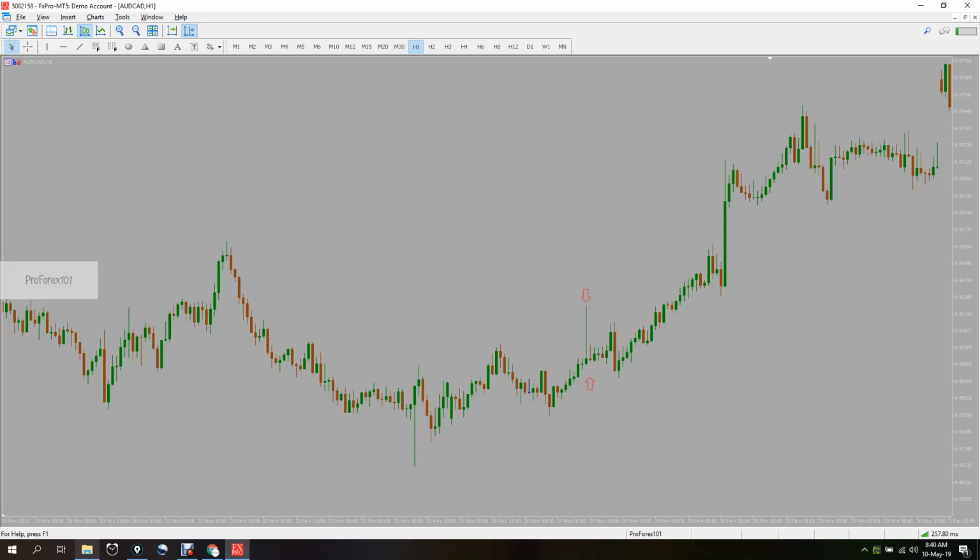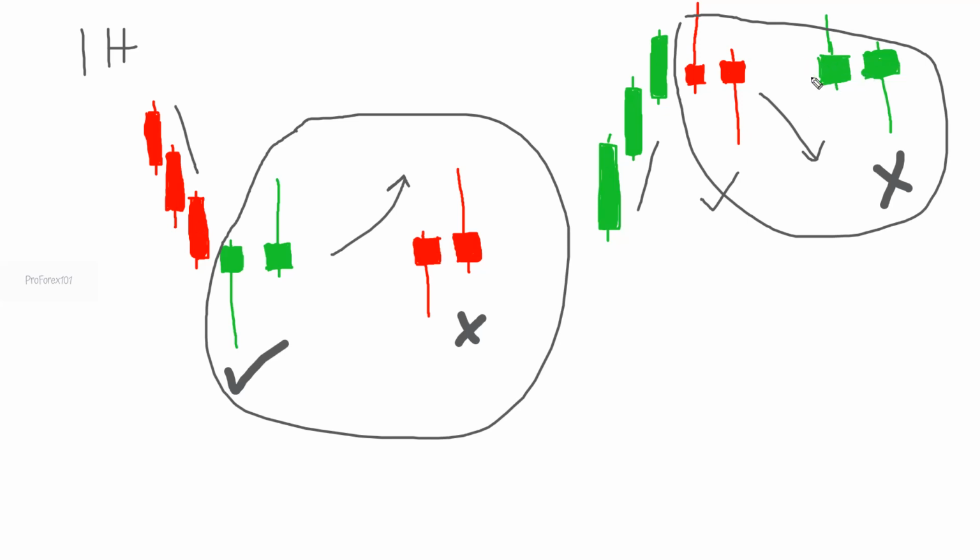So this scenario here, we're in an uptrend, we get a green exhaustion, it didn't work. So this is not going to work in an uptrend, these two. Similarly, if you're in a downtrend, these two are not going to work.